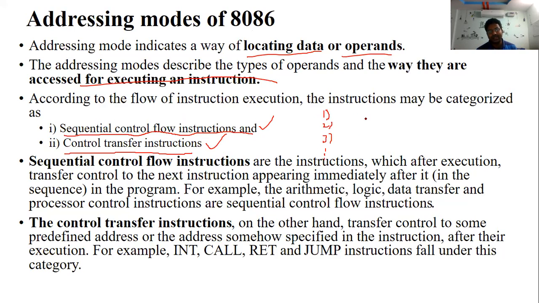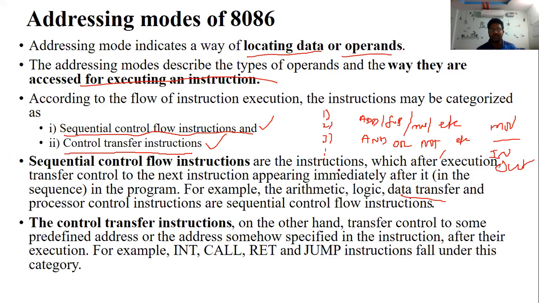It has arithmetic instructions, logical instructions, and data transfer and data copy instructions. Arithmetic instructions are like addition, subtraction, multiplication, etc. Logical instructions mean AND, OR, NOT, and complement instructions, etc. Data transfer and copy instructions mean the MOV instruction. The IN and OUT instructions come under this category.